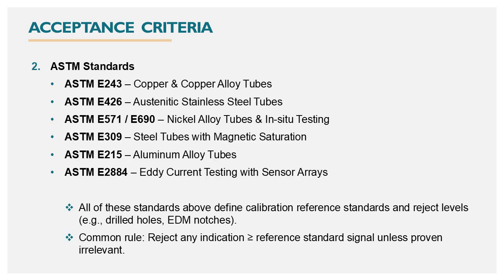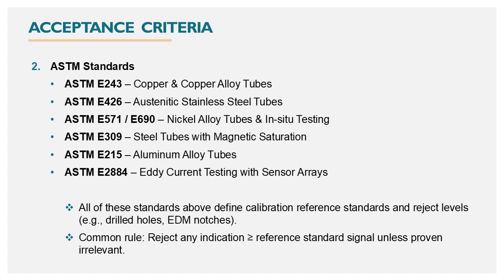Acceptance criteria number 2 is provided in the following ASTM standards: ASTM E243 for copper and copper alloy tubes, ASTM E426 for austenitic stainless steel tubes, ASTM E571 and E690 for nickel alloy tubes and in-situ testing, ASTM E309 for steel tubes with magnetic saturation, ASTM E215 for aluminum alloy tubes, ASTM E2884 for eddy current testing with sensor arrays.